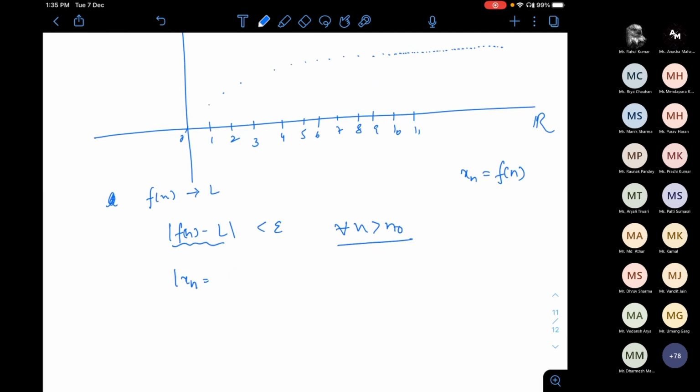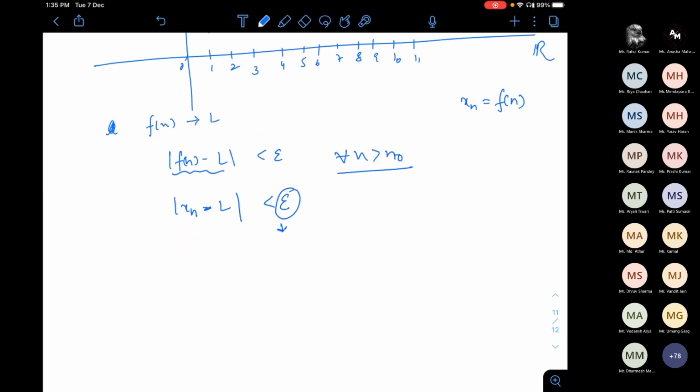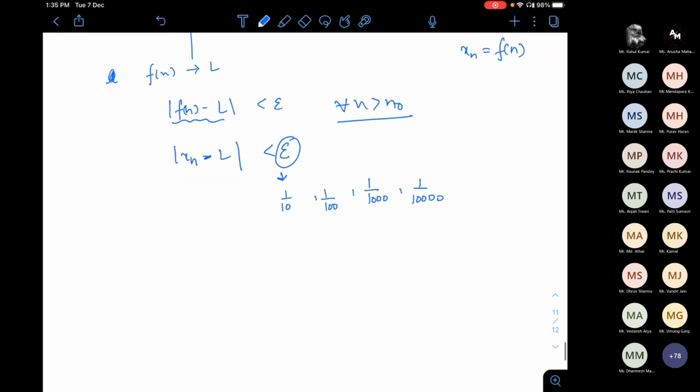Fn, if I denote it by x, the sequence is denoted by xn. The difference between the limit and the sequence term is very, very small, and that small number is any number. Let's suppose I take 1 by 10, 1 by... Basically what I'm trying to say is, I have to obtain a function n naught which depends upon epsilon.